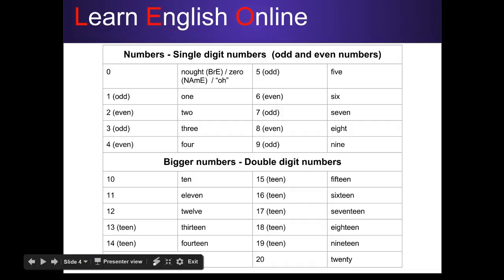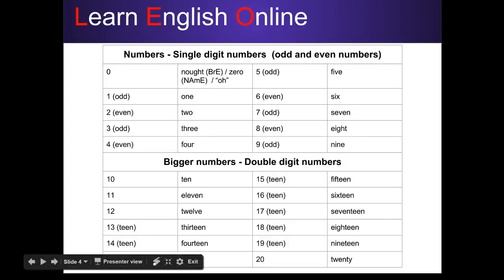So, let's have a look at numbers a little bigger than 10. Numbers that are larger or higher than 10. Now, when we're looking at numbers, we've learnt so far single digit numbers. A digit is any of the numerals from 0 to 9.